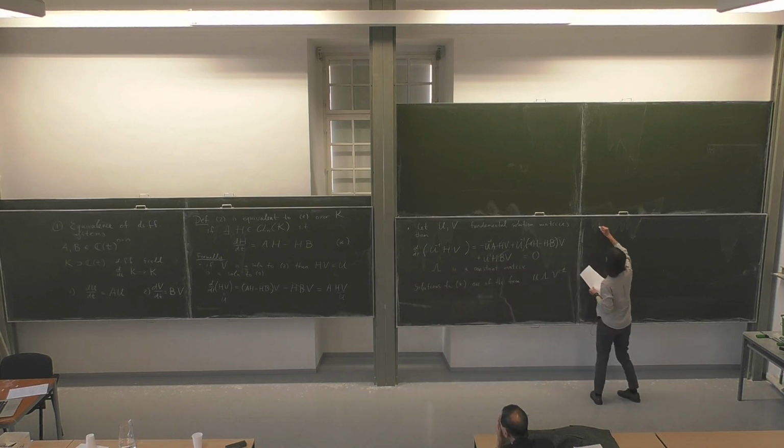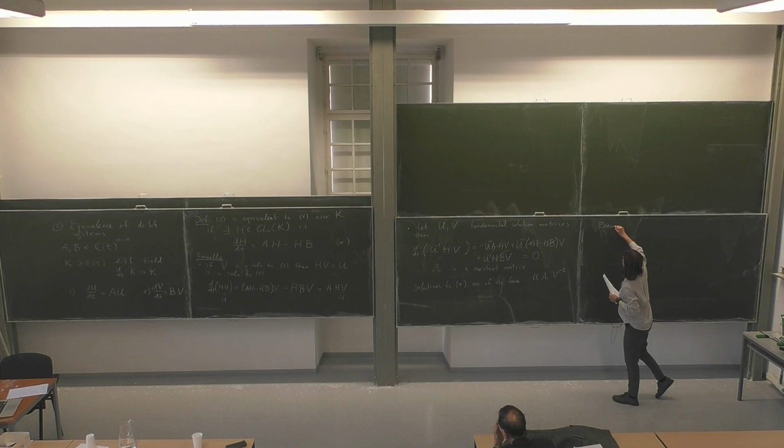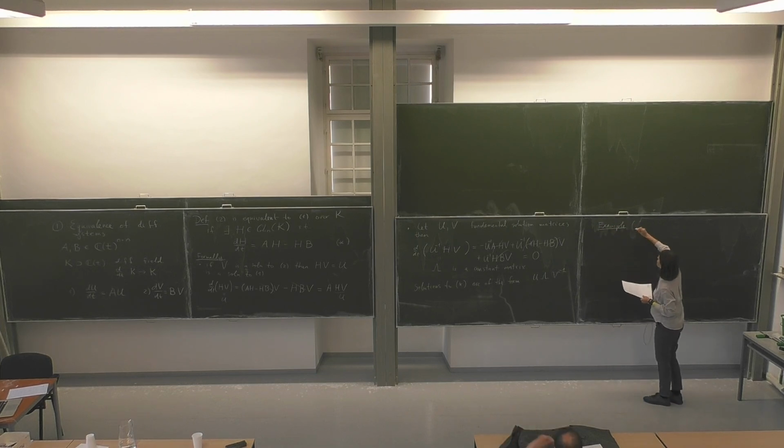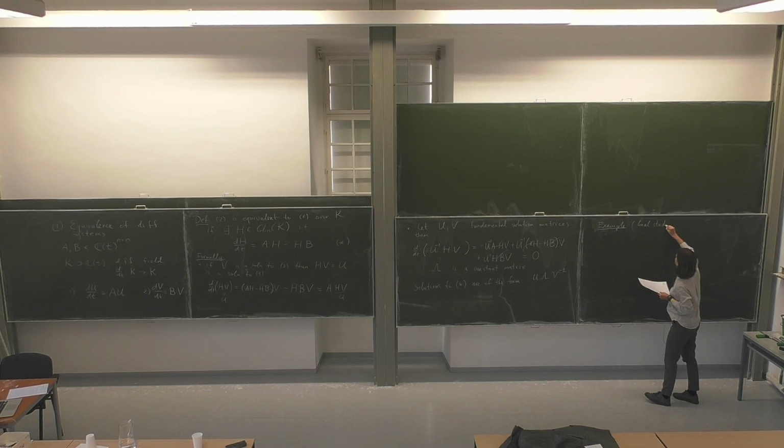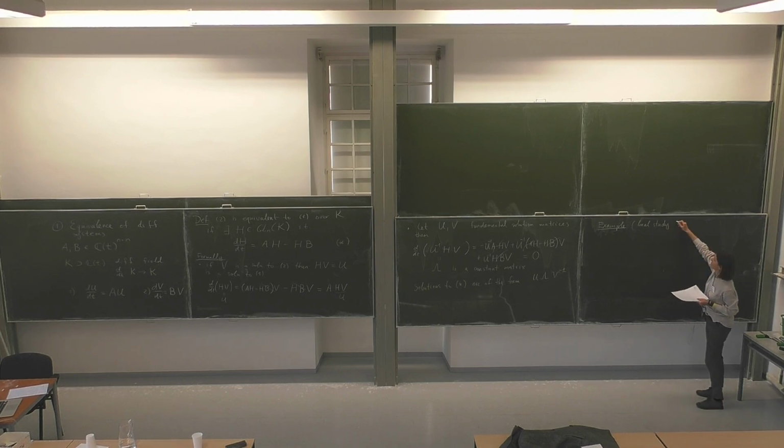And let's give one example from Fuchsian theory of regular singularities, the local study of differential equations on the Riemann sphere.